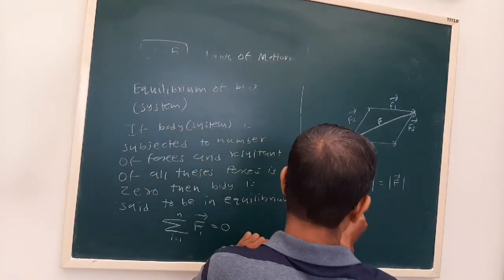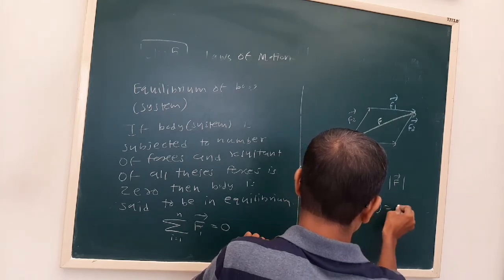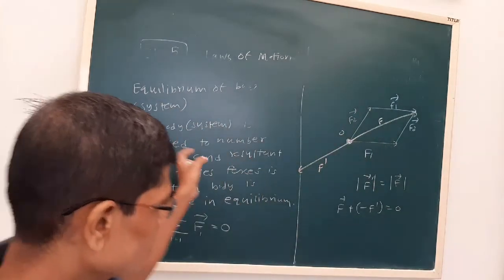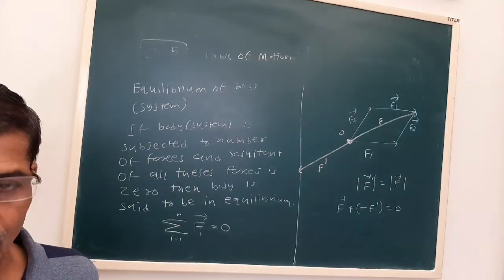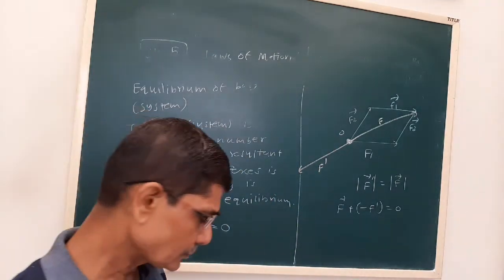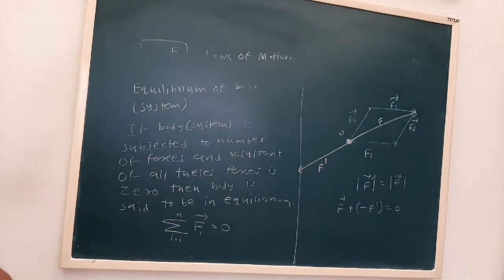So this will be in the opposite direction, F minus F dash is 0. That fulfils our condition of equilibrium. Here we have seen how to bring the system into equilibrium.